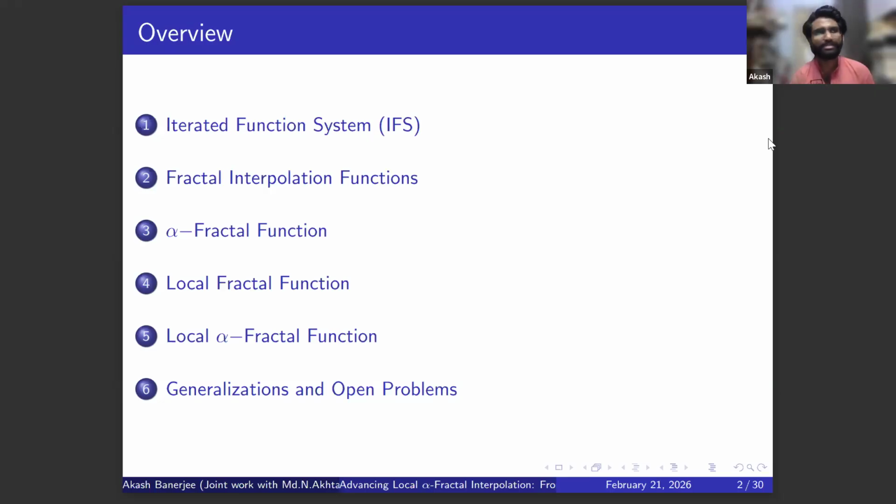Alpha fractal functions are basically fractal functions which approximate certain continuous functions.